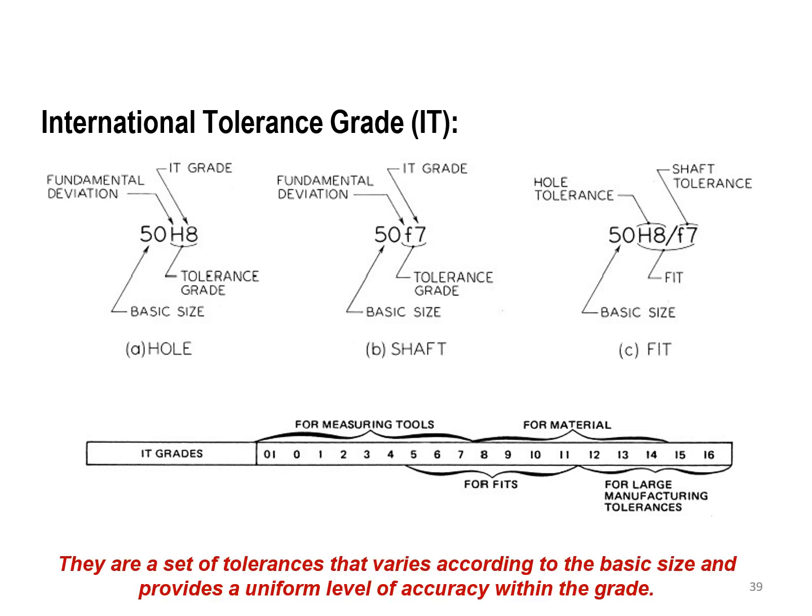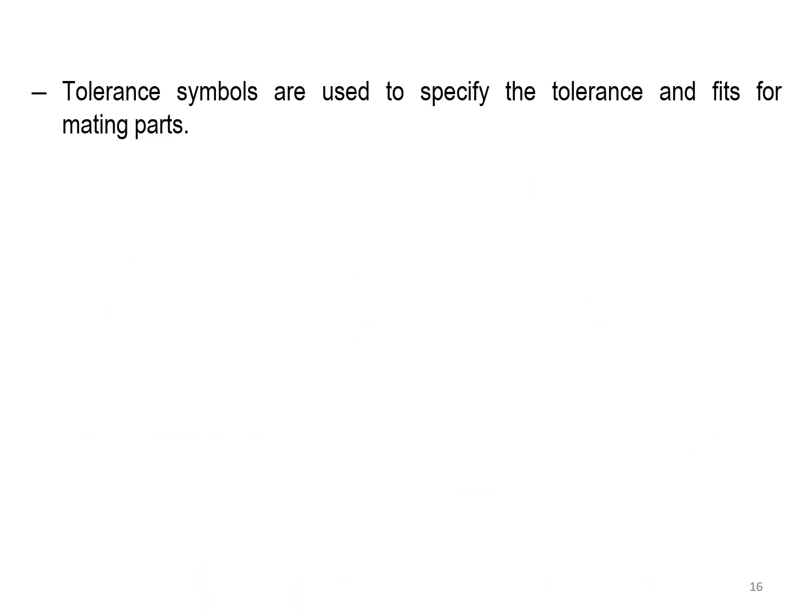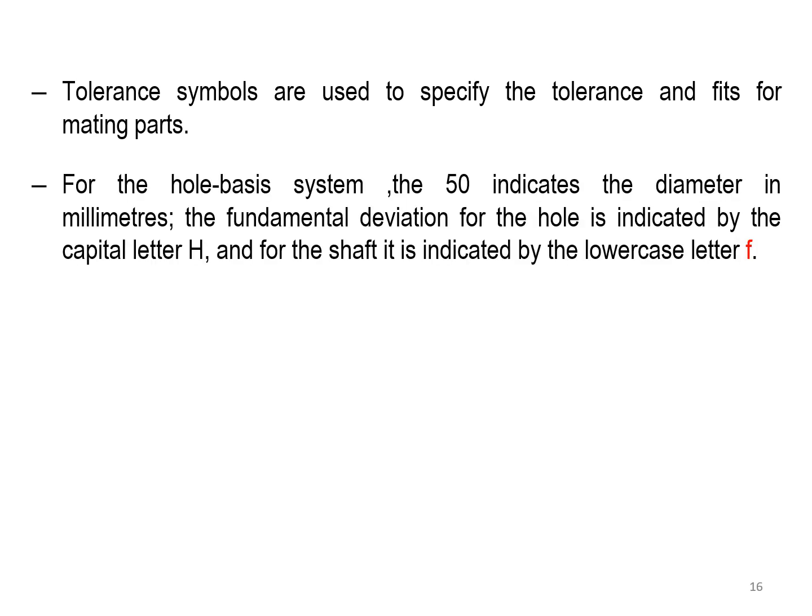So there are sets of tolerances that vary according to the basic size and provide a uniform level of accuracy within the grade. The tolerance symbols are used to specify the tolerance and fits for the mating parts. For the hole basis system, the 50 will indicate the diameter in millimeters. The fundamental deviation for the hole is indicated by the capital letter H, and for the shaft by the lowercase letter f.